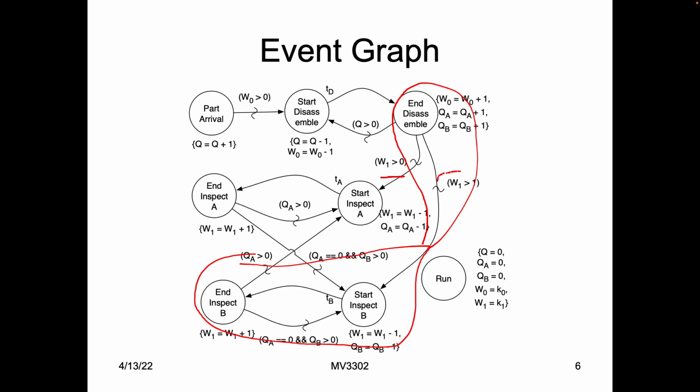But here's where it's different. If we have the same condition to schedule the start inspection of a type B, and we only have one worker available to inspect, then we'll schedule both of them at the same time.